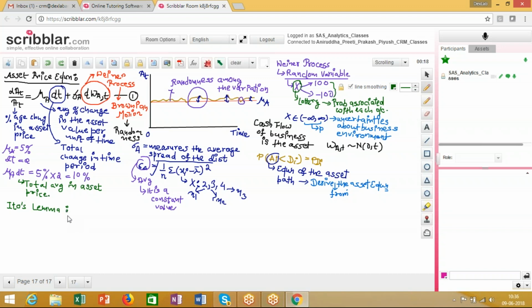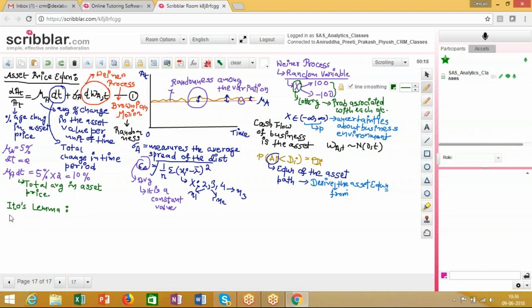It's a mathematical equation. So using this mathematical equation, we can actually get the function. So over here, dAT by AT, or the percentage change in the price, can be defined as d log of AT. Now, why am I saying this is a log of AT or something like that?